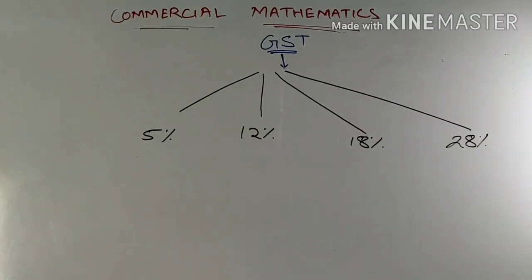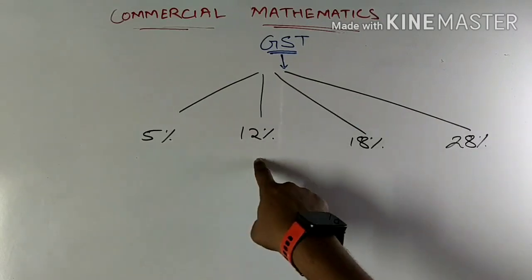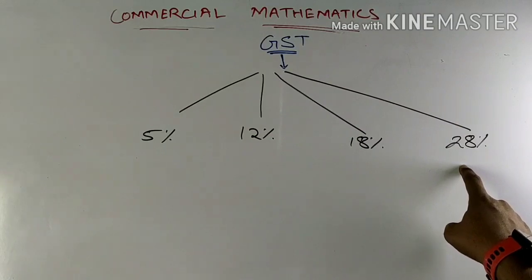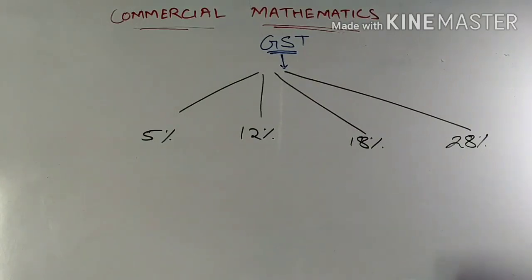According to Indian government, there are four rate structures of GST. There are different items which are classified based on the taxes or the slabs, we may call it a slab. So 5%, 12%, 18%, 28% is nothing but the GST which is calculated on the list price or the marked price of a certain commodity or maybe the service that you have taken.